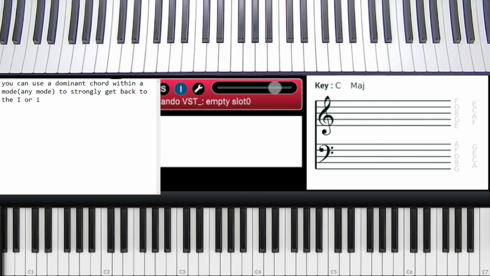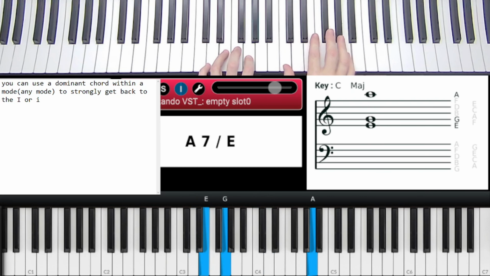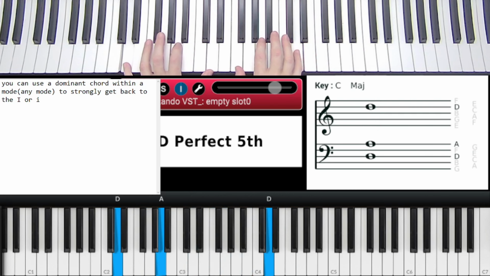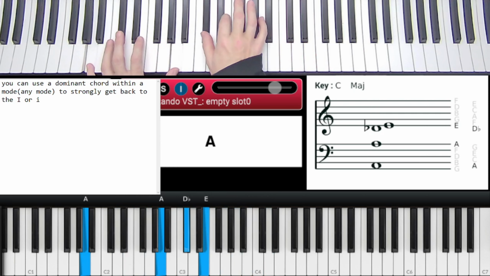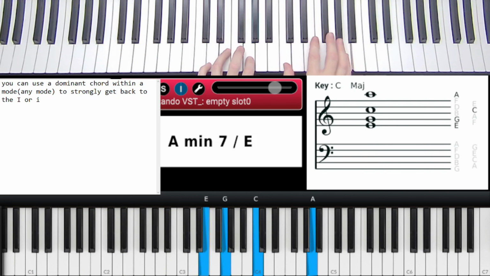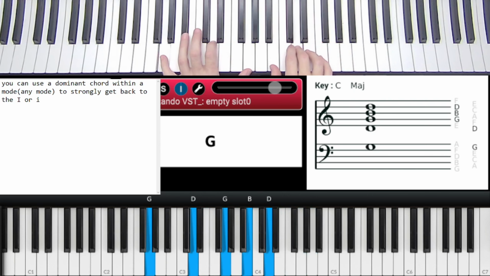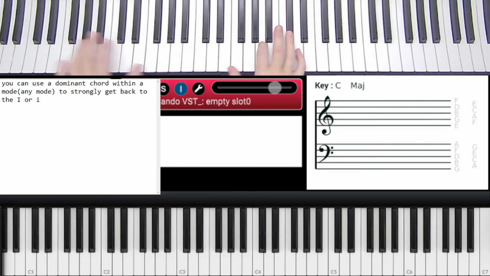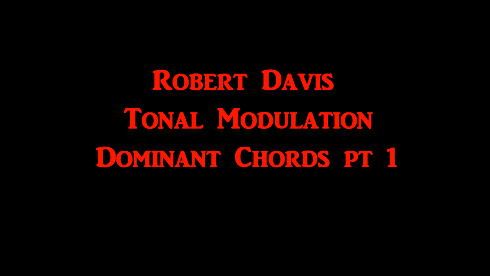An A major chord, or A dominant 7th chord, whatever kind of dominant chord. So let's do D Dorian. Now there's that raised third 5. Raised third 5 again. So you could use it within a mode like that for a strong return to the 1.